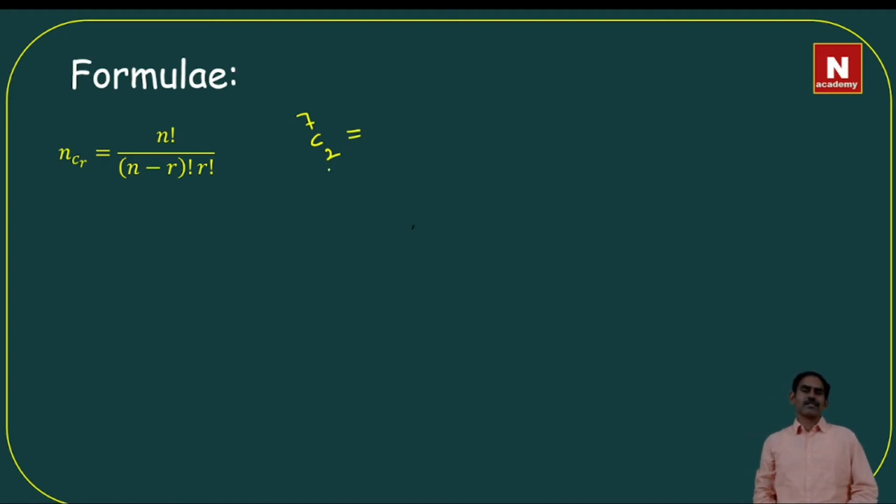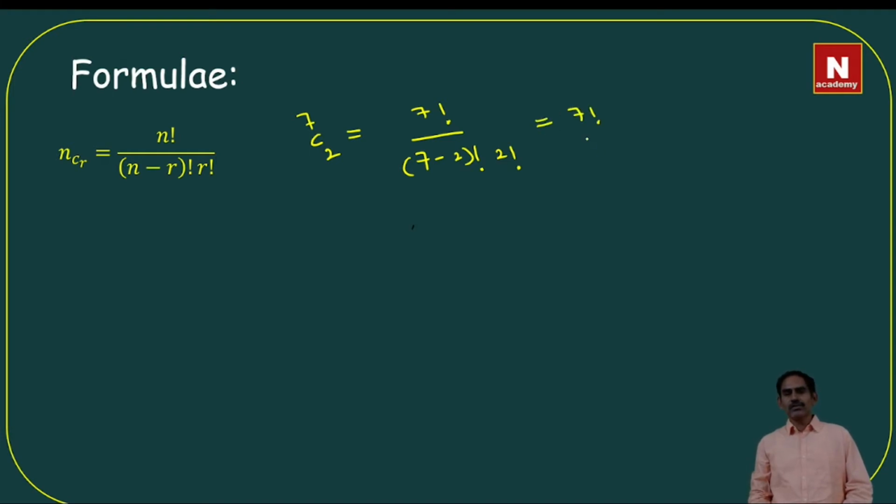How to find 7C2? 7C2 equals 7 factorial by 7 minus 2 factorial into 2 factorial. This equals 7 factorial by 5 factorial into 2 factorial.